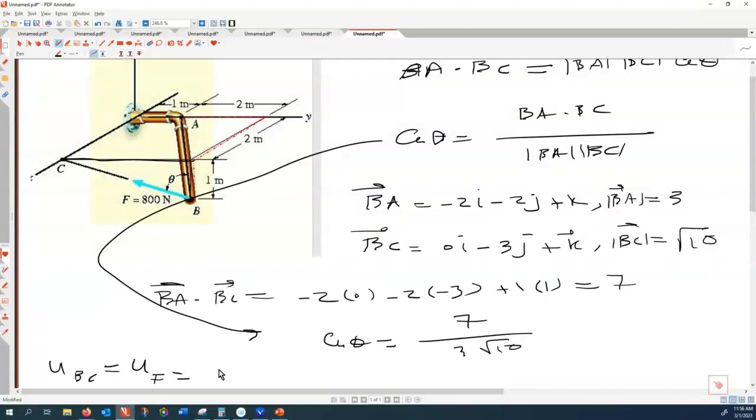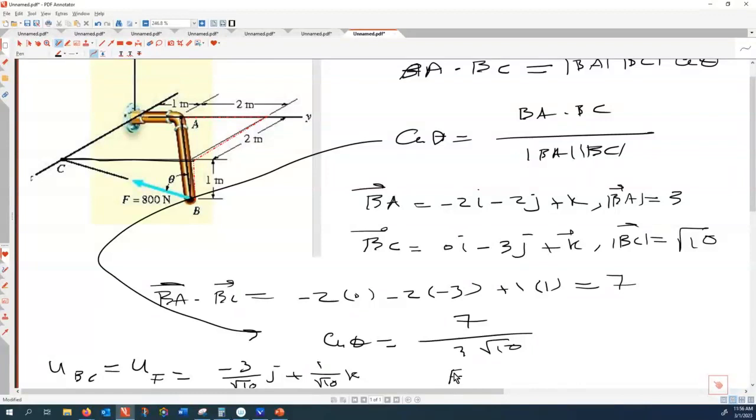So that is minus 3 over root 10 J plus 1 over root 10 K, correct? And now all you have to do is multiply that by the magnitude.